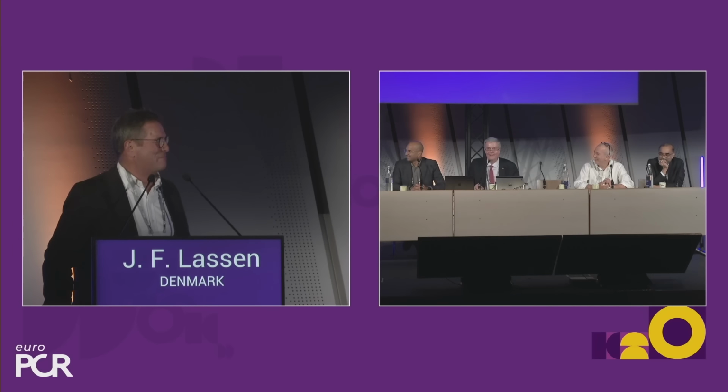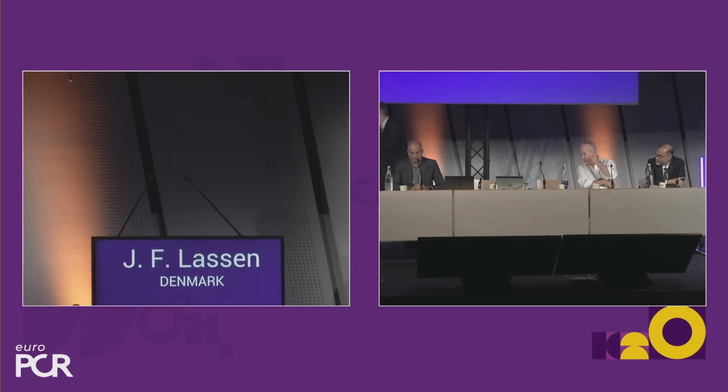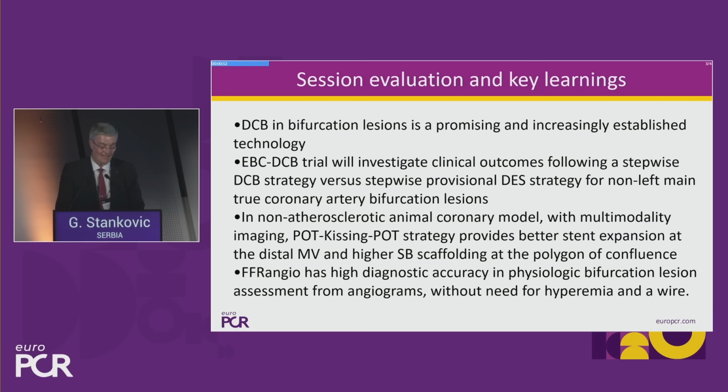Okay, if there are no further questions, let me conclude the session. I think this was really fantastic, as every year, this session with the update on the evolving bifurcation treatment practices. What we learned today: DCB in bifurcations is a promising and increasingly established technology. The EBC-DCB trial will investigate clinical outcomes following a stepwise DCB strategy versus stepwise provisional for non-left main true coronary bifurcations.